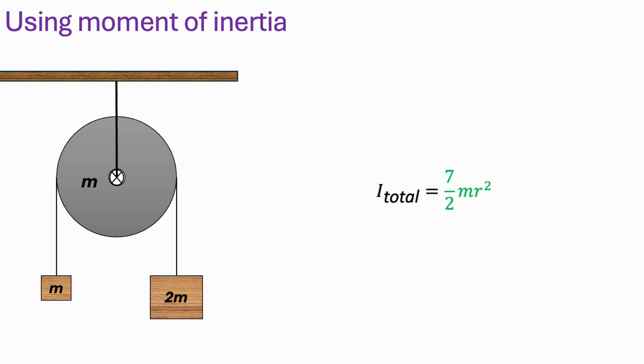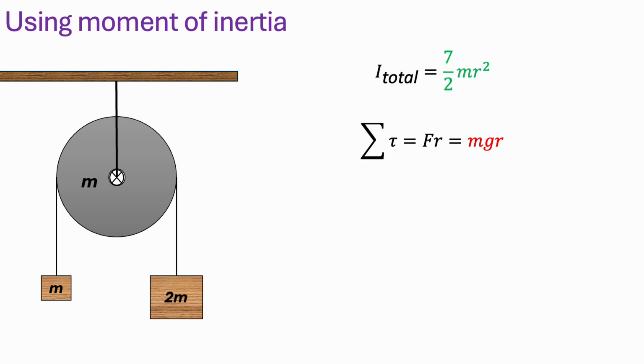Taking this and using the turning effect of the force, tau equals Fr, or mgr, we can start throwing that into Newton's second law for angular motion. And then we're simply going to substitute for tau, mgr, and then moment of inertia, 7 over 2 mr squared.